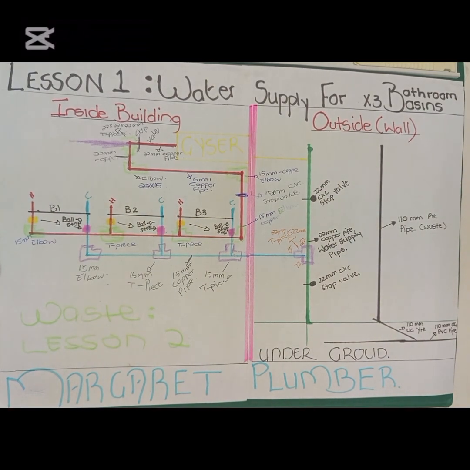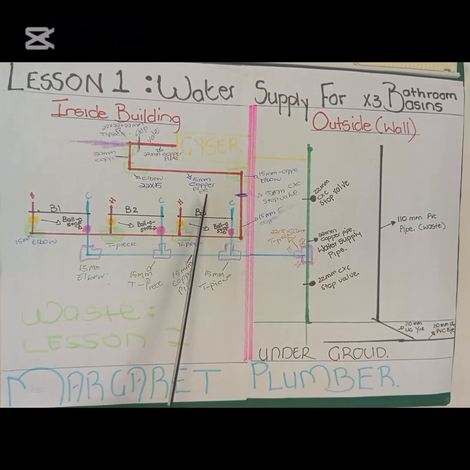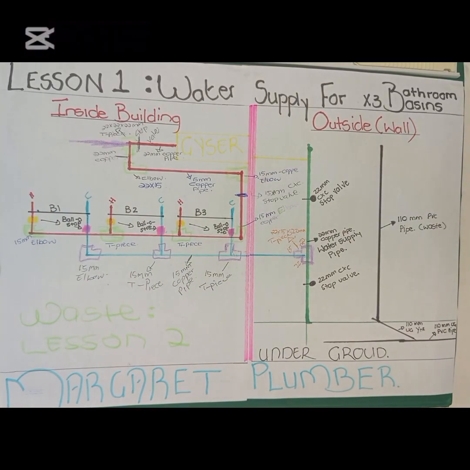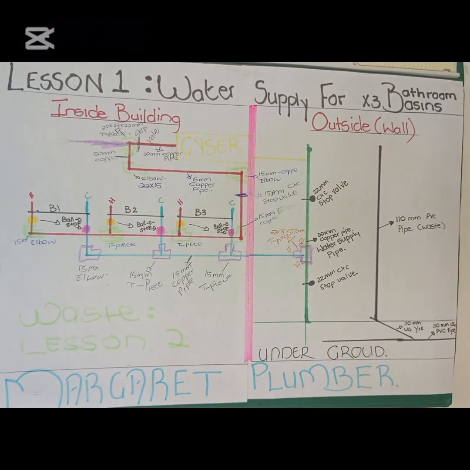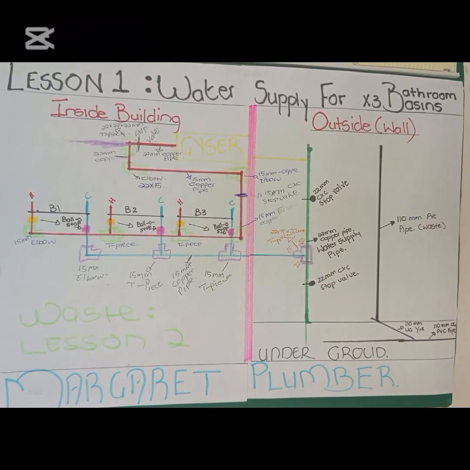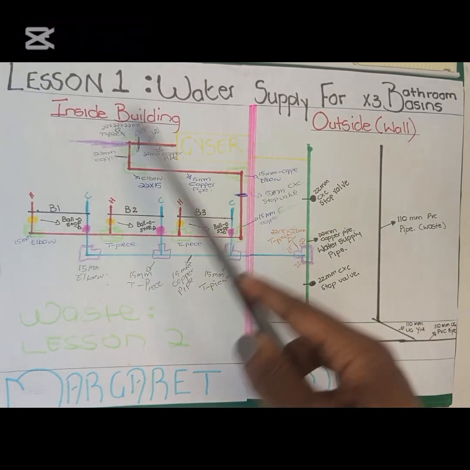Waste meaning how we will be getting all that dirty water out of this one and connecting it to the waste pipe. But we'll see during that other lesson. Between lesson 1 and 2, I will be giving you the necessary tools that you will need for each task. So after this lesson, I will tell you the tools that you might need in order to complete this work.